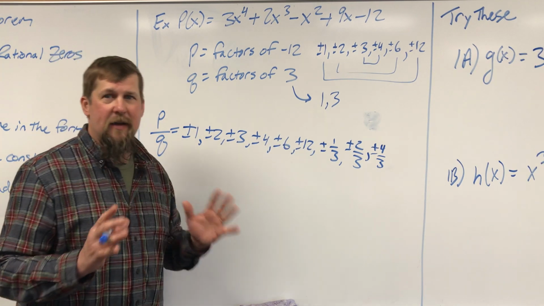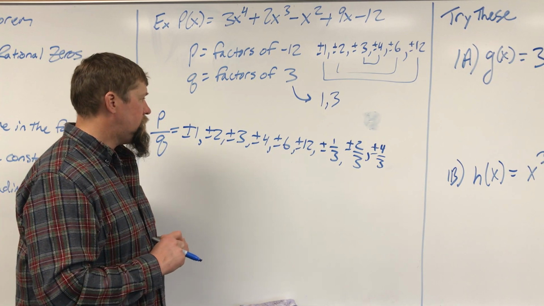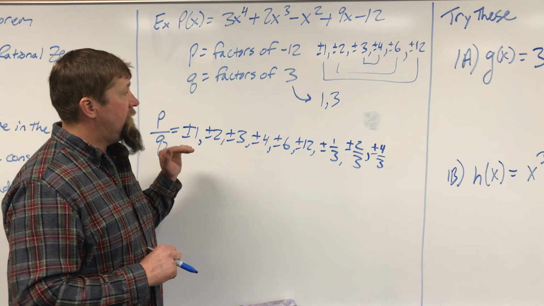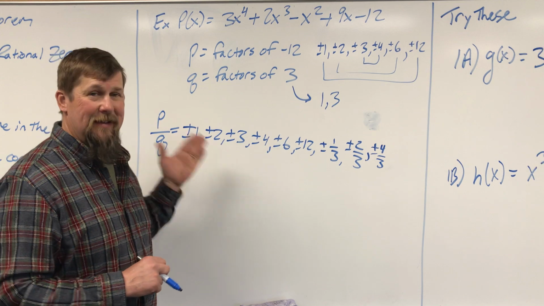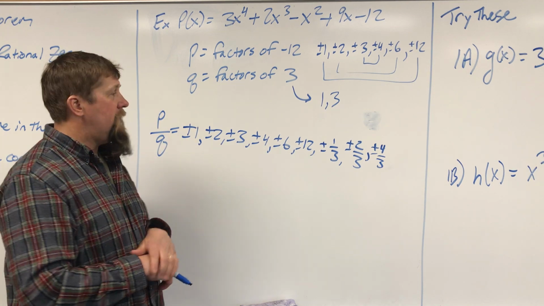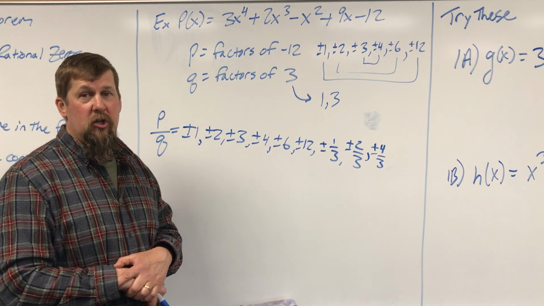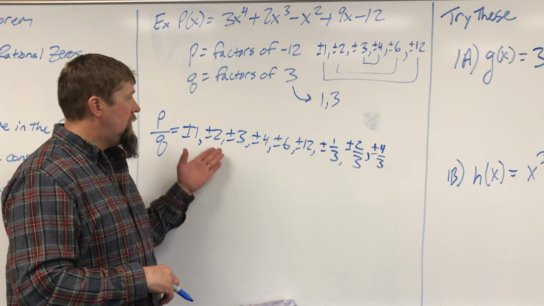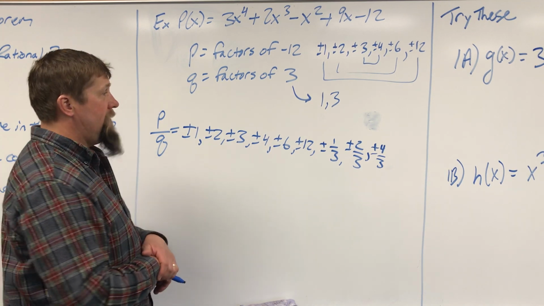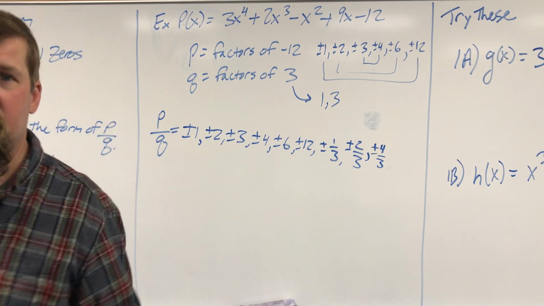Anyways, that's the whole idea behind this. So what you have to learn how to do is just basically learn how to make this list. That's not necessarily what we're going to use to solve for the rational zeros or any zeros, but that is part of section 5.8. Okay, the first goal.